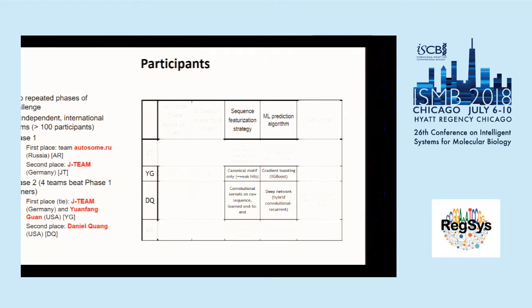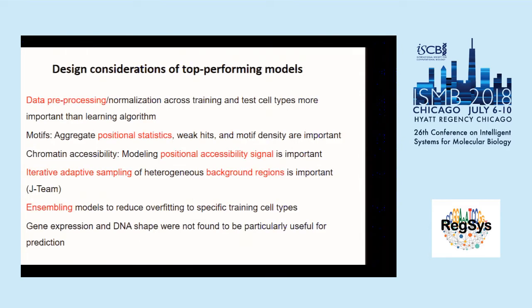On one hand, we have the method of Dan Kwong, DQ here, a complex deep neural network which pulls features from raw base pair level sequence. And on the other hand, we have the co-winner YG, Yuanfang Guan, using sequence features derived essentially just from the canonical motif, not even trying to infer cofactors, but looking at weak hits and other derived features, and a pretty simple prediction model algorithm in the end. And there were some high-level design considerations that I obviously couldn't fit in that table over there. They're in the paper, but I'll get to them later if there's time.